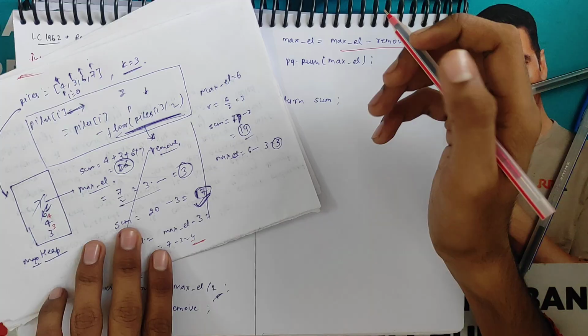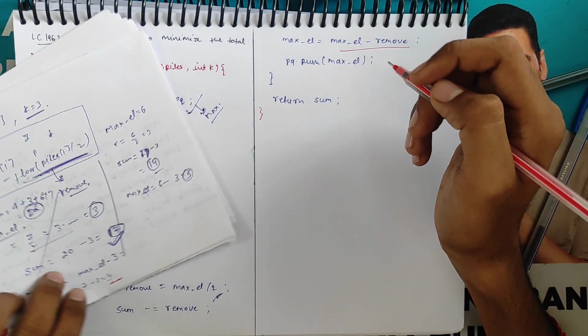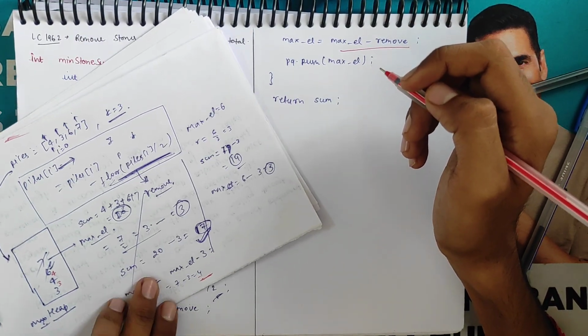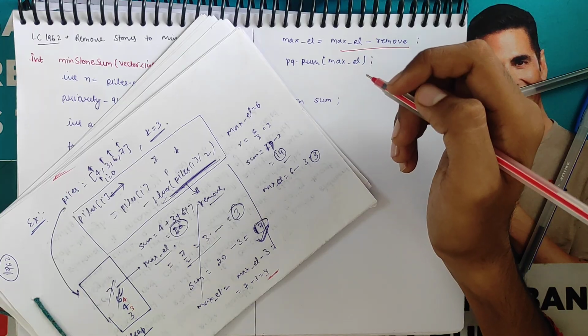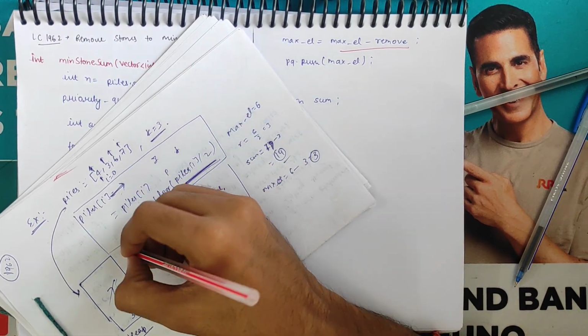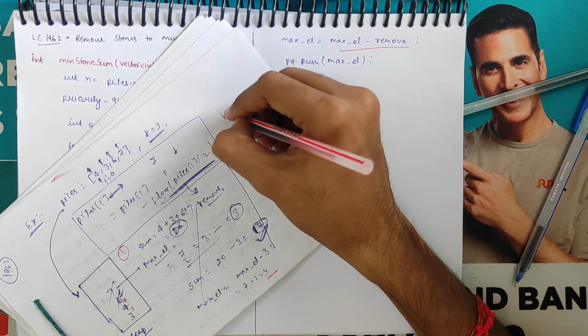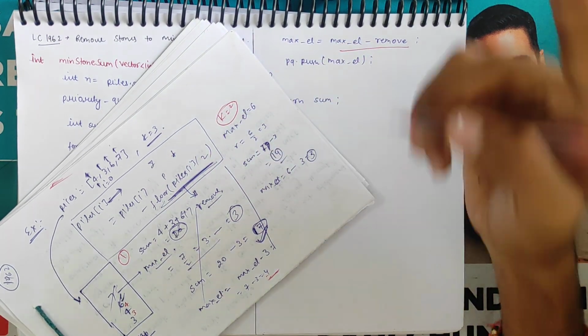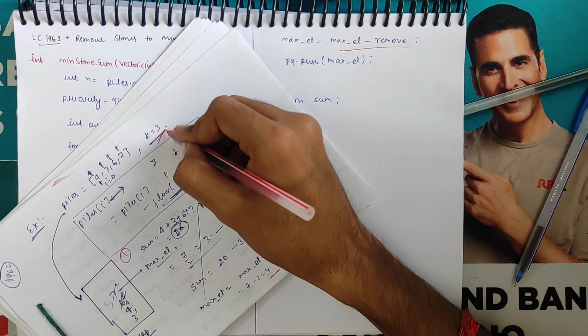Again we have to perform 3 operations. So the first one is this, k is equal to 1, this is k is equal to 2, and we have to perform one more operation, because k is 3.